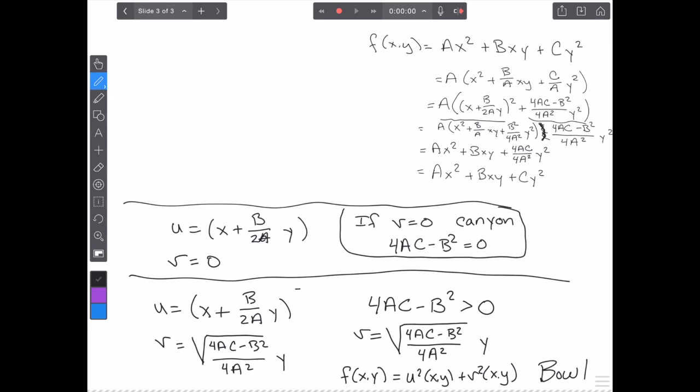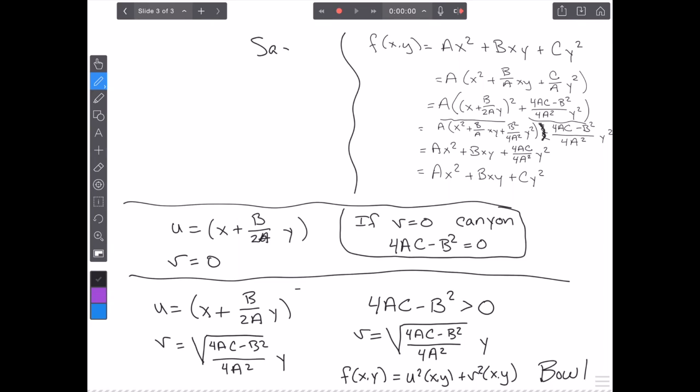Okay. And then the last possibility, and let's just come up here and use this leftover space. The last possibility is that I'm going to have a saddle-like function. And the saddle-like function occurs, right?